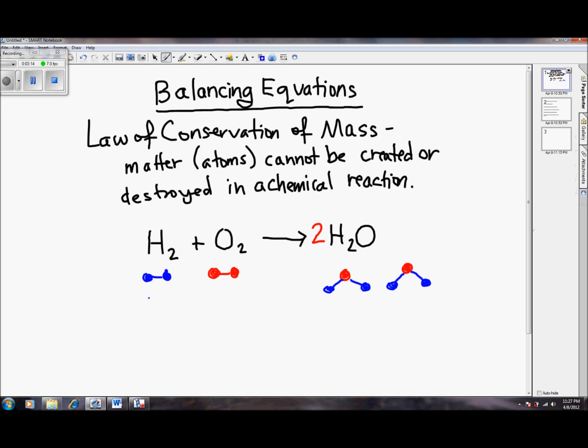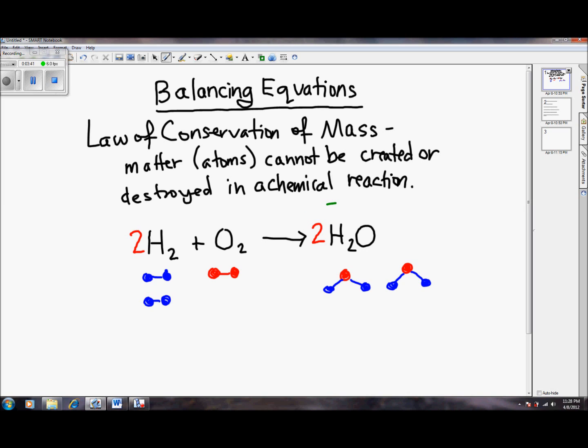So let's show that, with 2 hydrogen molecules on the left side. Let's put a number in the equation to show that I have 2 hydrogens and 1 oxygen. And when those bonds break apart, they're going to make a total of 2 water molecules.